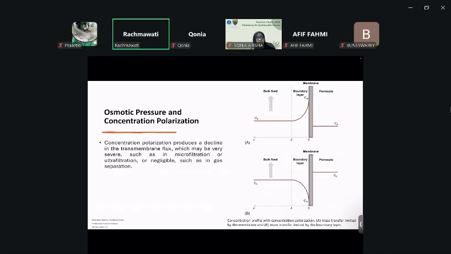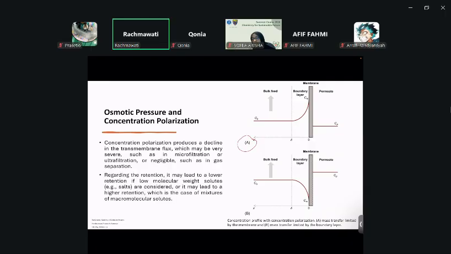The concentration polarization that we discuss here will produce a decline in the transmembrane flux. This is for the top picture. This might be very severe, such as in microfiltration or ultrafiltration, or it can be negligible if we are having gas as the component that we want to separate.